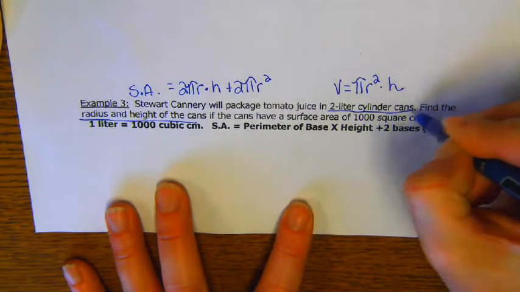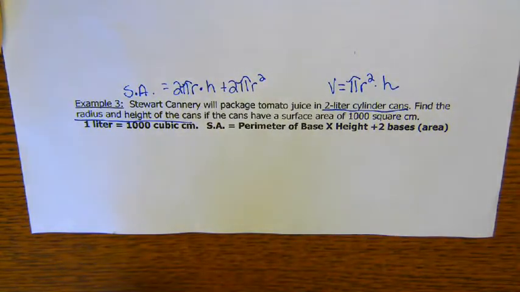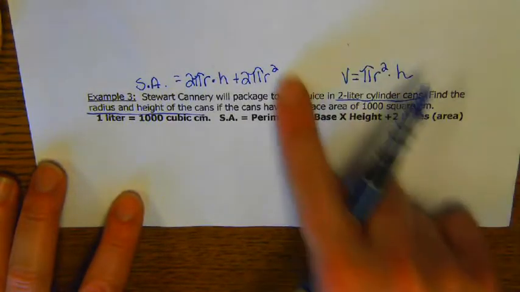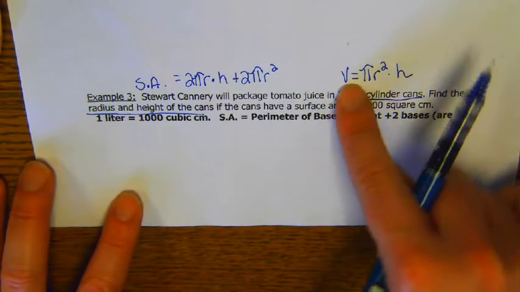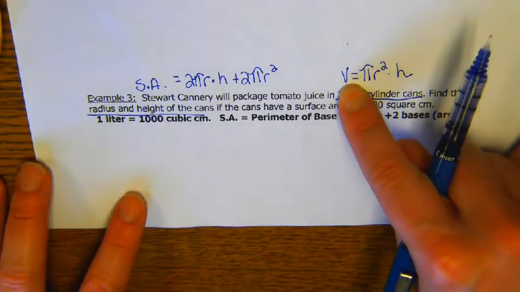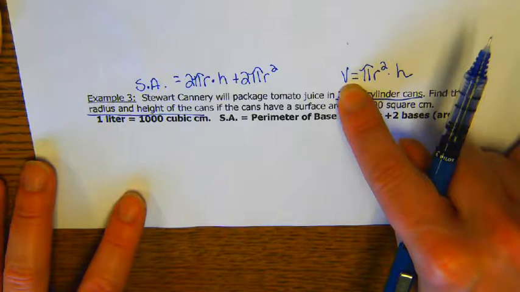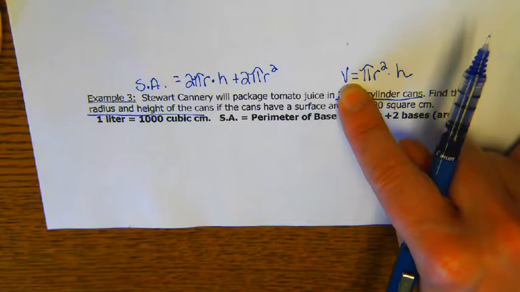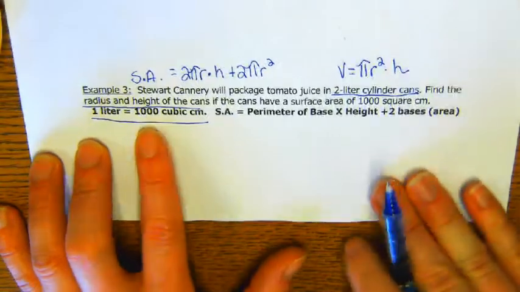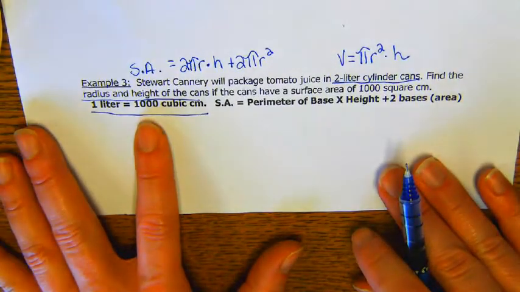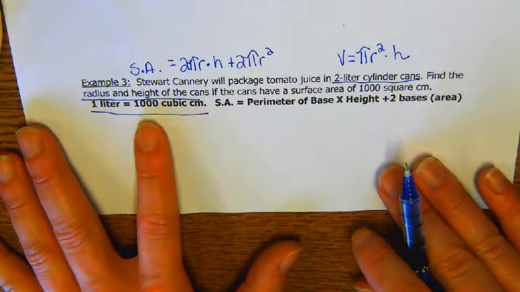2 liters is a measurement of what? Volume. I know what the volume is. So I am going to take the volume equation and I'm going to put 2 liters in for the volume, except I need to measure my radius and height in centimeters, so instead I'm going to use this. 2 liters is how many cubic centimeters? 2,000, right?